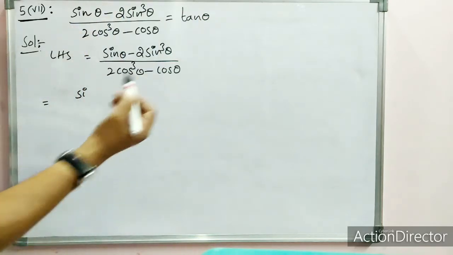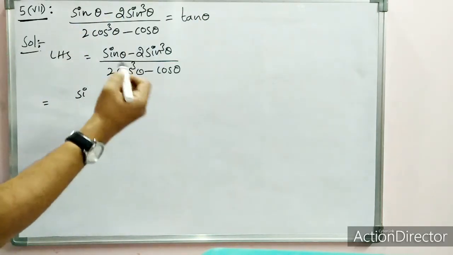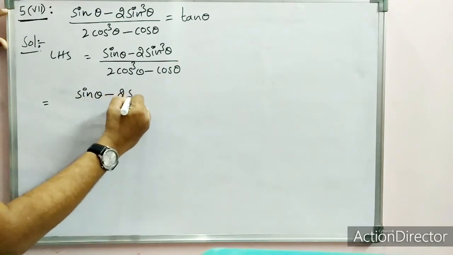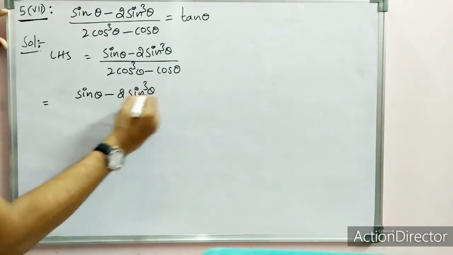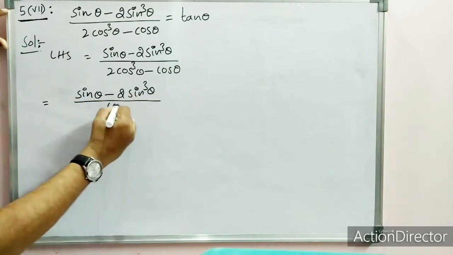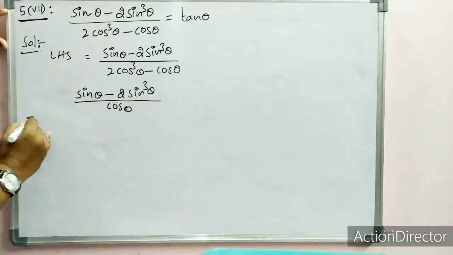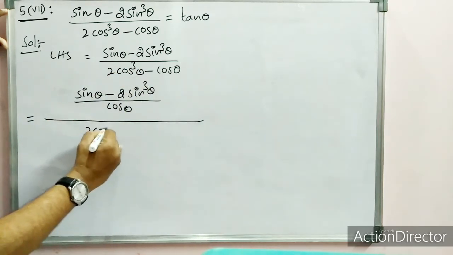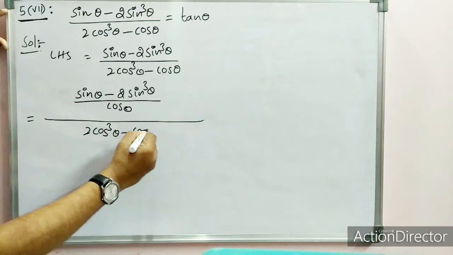So sin by cos will be tan. So what I have to do is sin theta minus 2 sin cube theta by cos theta. This is the numerator part, and the denominator also, I write down 2 cos cube theta minus cos theta.